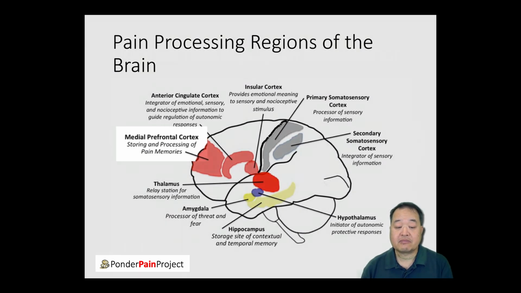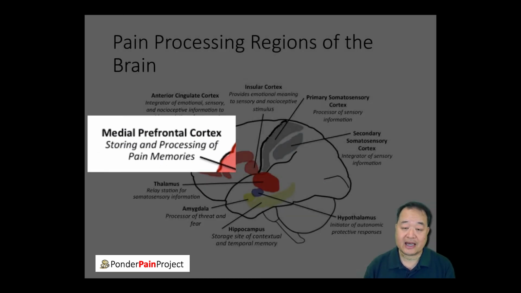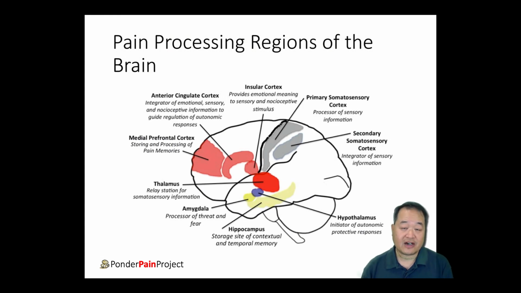And then we get the medial prefrontal cortex, which stores and processes pain memories. So it takes memories that we've experienced in the past, and it allows us to modify any signals that are coming in now. But all these structures, it's important to realize that they have multiple functions. Not only do they process emotions, but all of them are very, very critical in the formation of memories and the storage of memories. And that's a key component when we start to talk about the difference between acute pain and chronic pain.